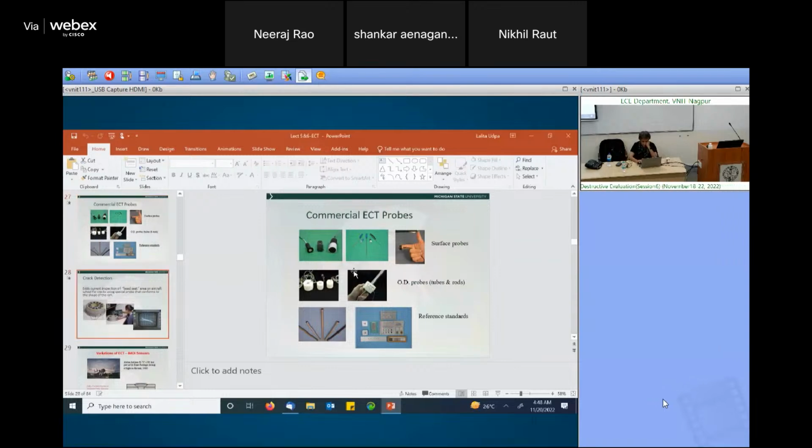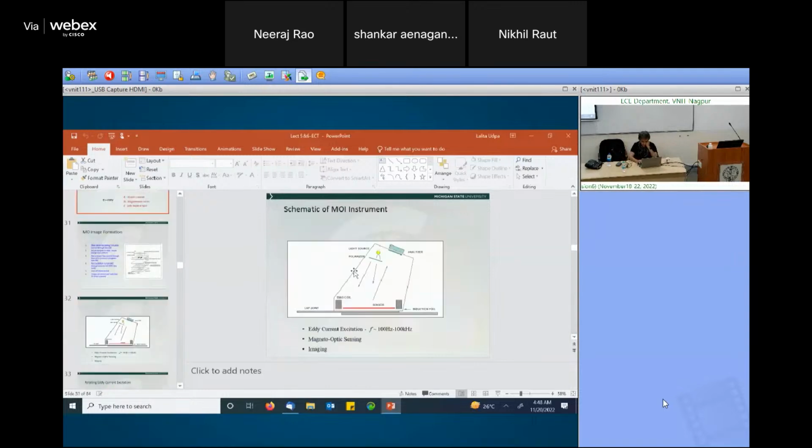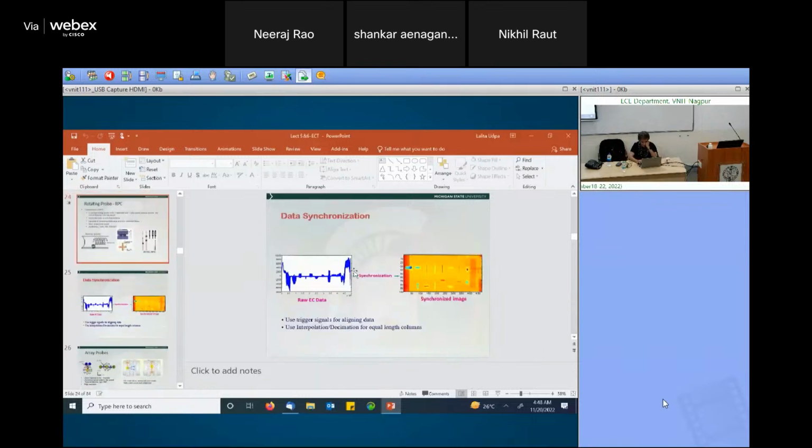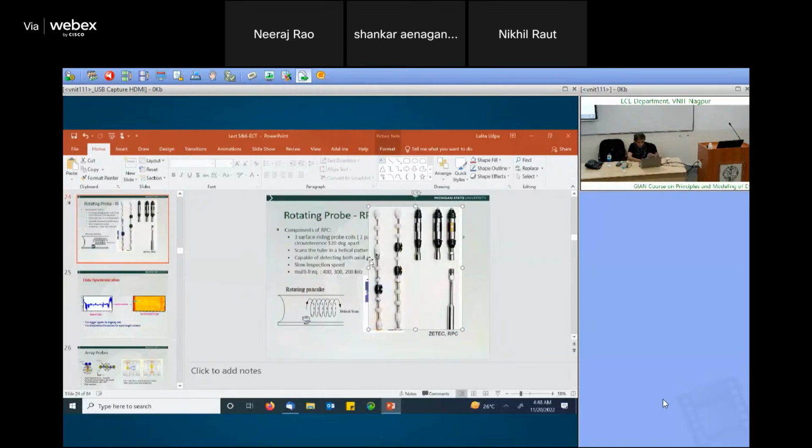Oh, I've gone the wrong way. Okay, these actually are differential coils. Some of these just look like this because they're all packaged inside.